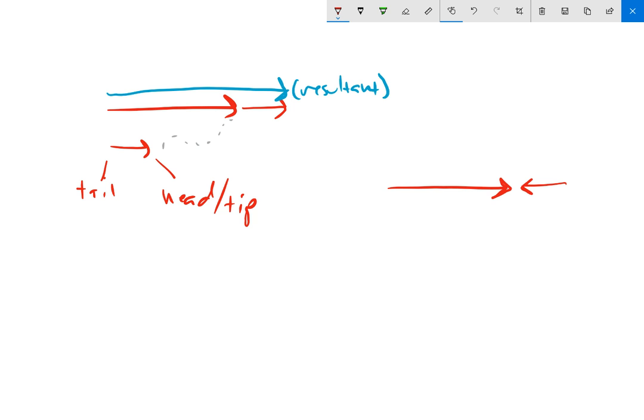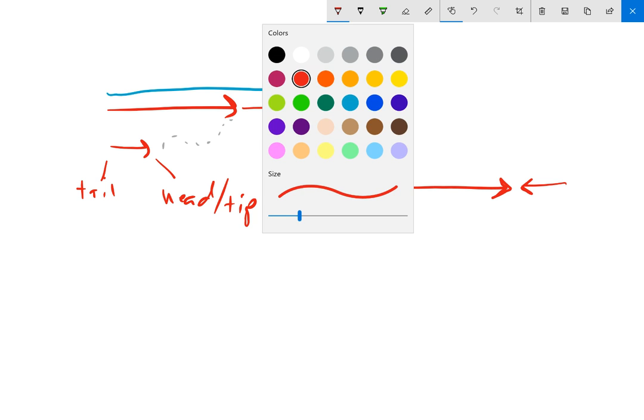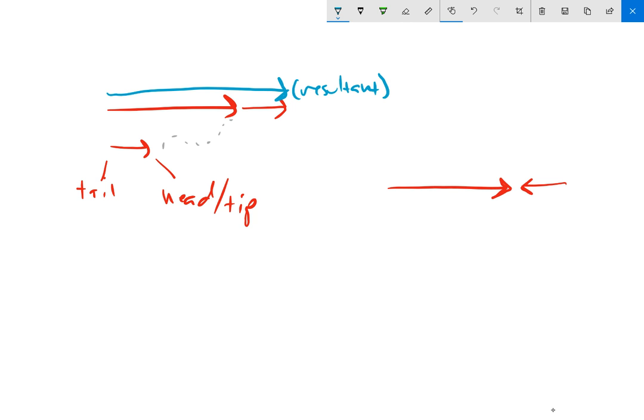I need to subtract away the backwards motion from the forward motion. We'll just approximate that. And I'm going to end up with a shorter resultant vector from the original one right here. Great. That's basically just basic vector addition.